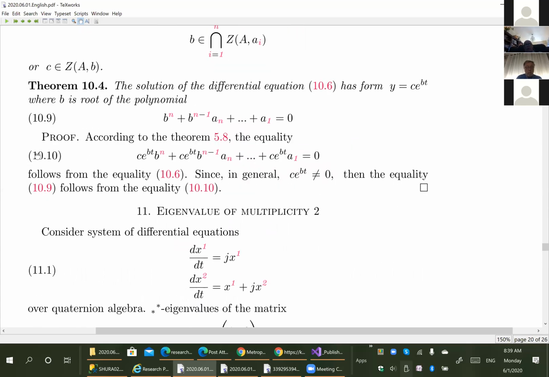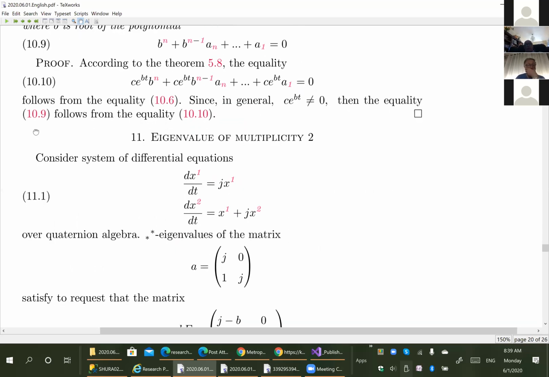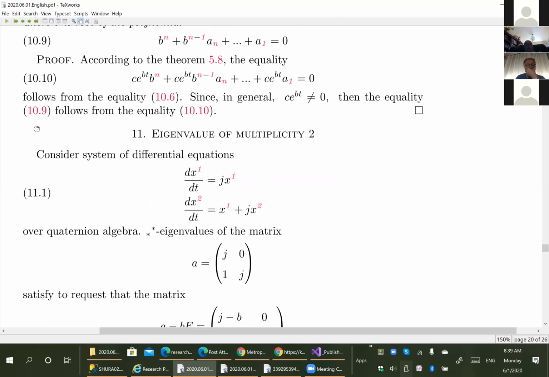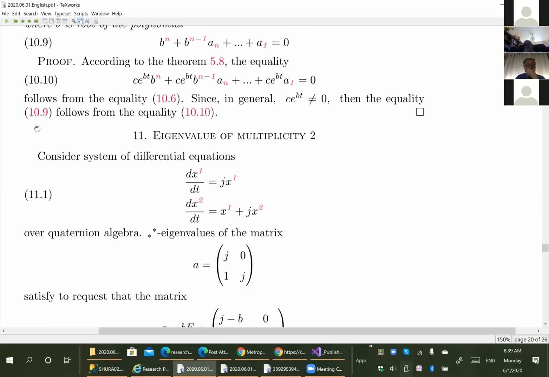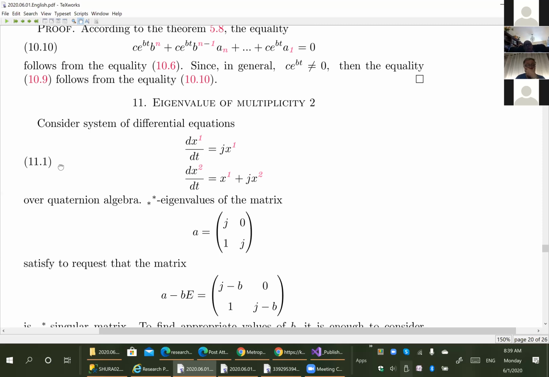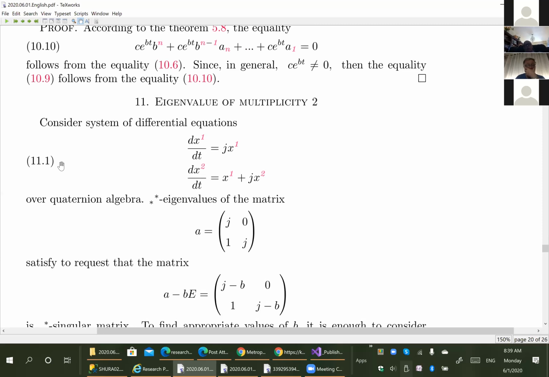And the last question that I want to introduce here is an eigenvalue of multiplicity 2. I consider just a simple case when I have a single eigenvalue. In this case, I can write a system of differential equations in this form.